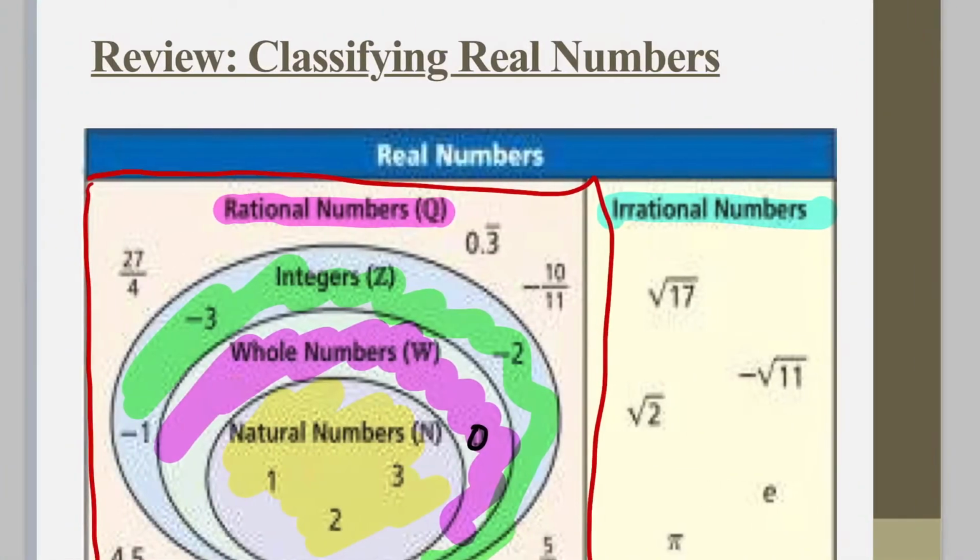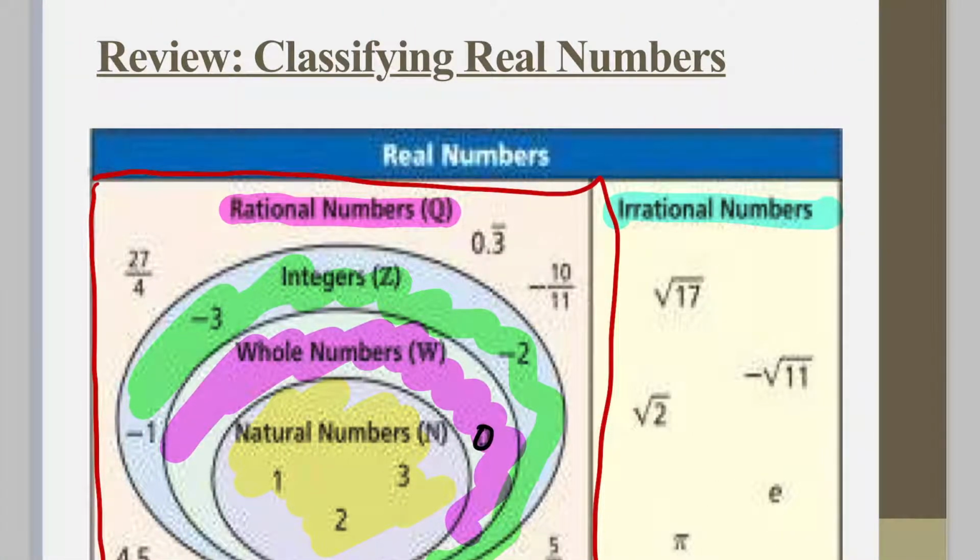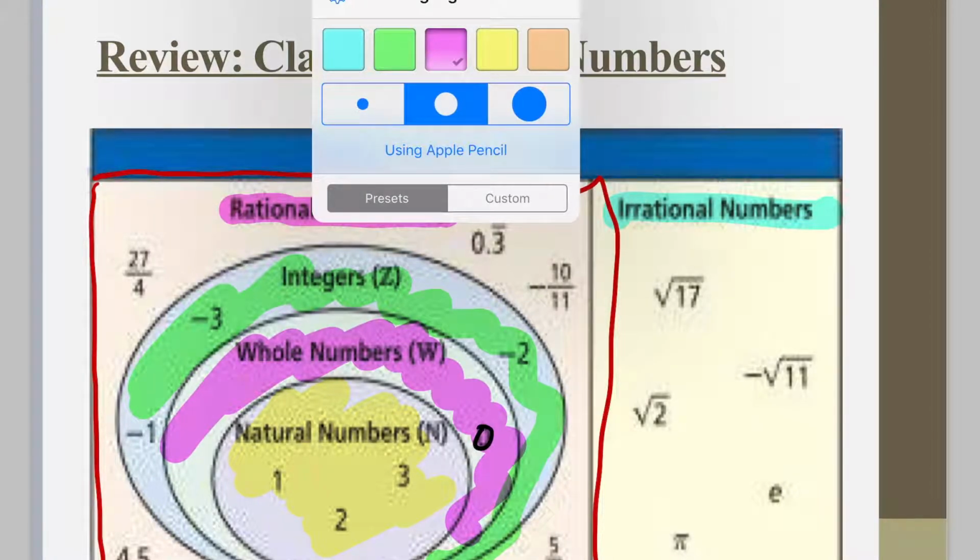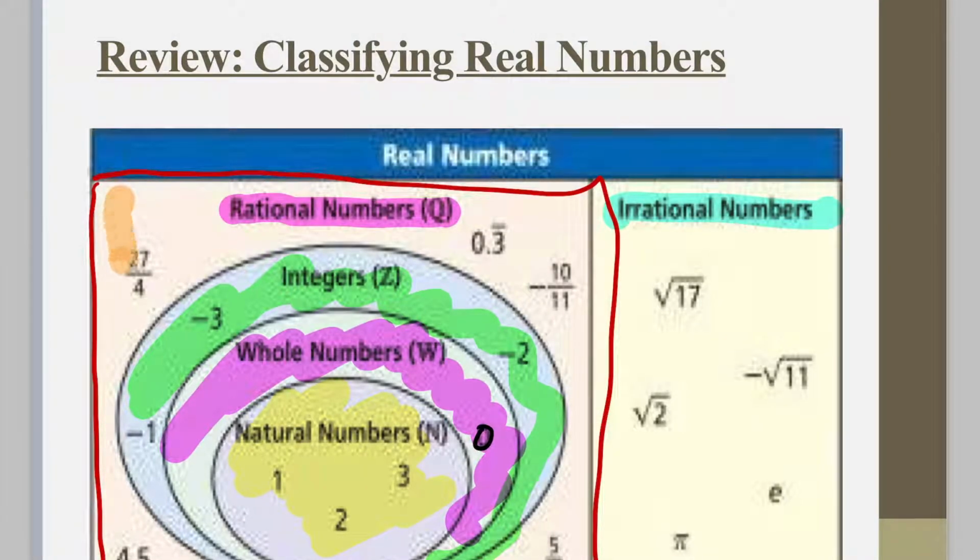So going back one slide once again, if we take any number from inside of this rational number box, remember, it includes natural, whole, and integers.